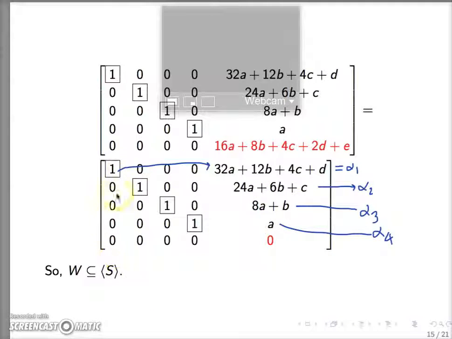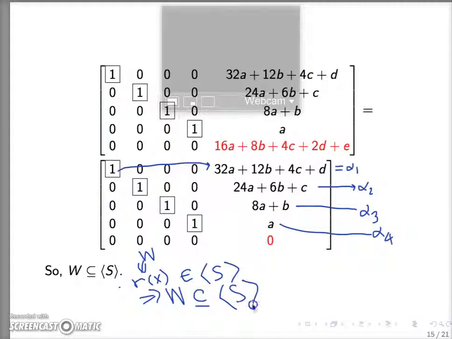By finding these values of alpha, we are showing that R, that would be R of X, is in the span of S. And since R was an arbitrary element of W, this holds for any given element of W, which implies that W is contained in the span of S.